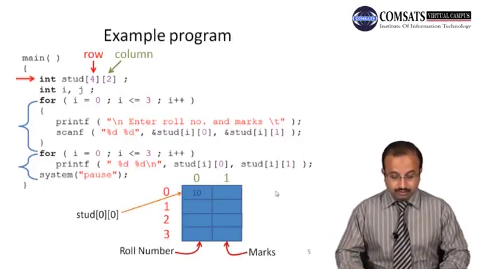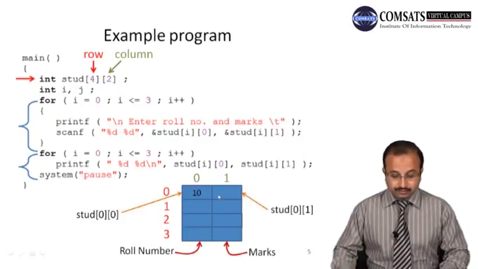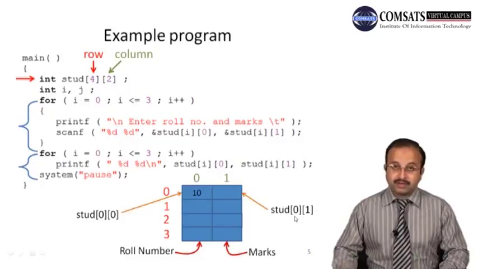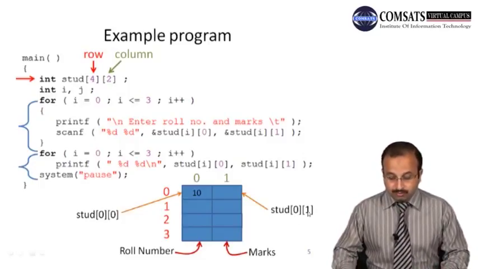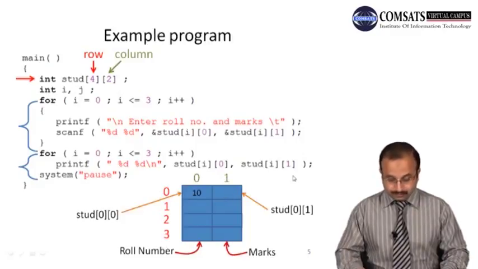और जहाँ पे आपने roll number store कर दिया, let's say 10 is the roll number, and this is STUD[0][1]. So the first square brackets always represent the row. So row number 0, column number 0, that is this element. So row number 0, column number 1, that is the second element, right?